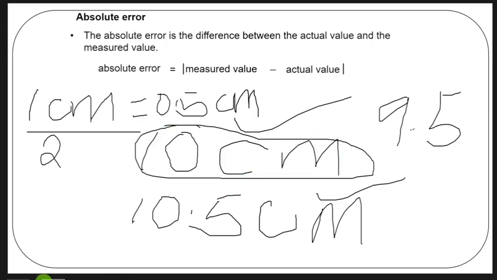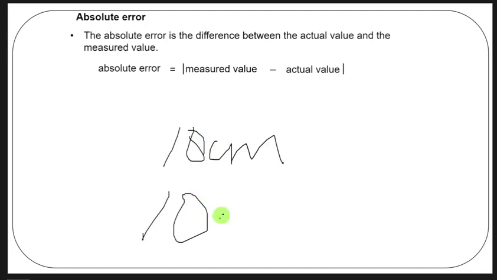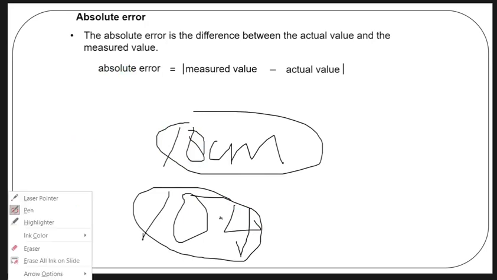But in practice, if they do the measurement of 10, sorry, this is 10, and they get instead maybe 10.4, then the absolute error in that case will be this measured value minus this. Then you get what is known as the absolute error.